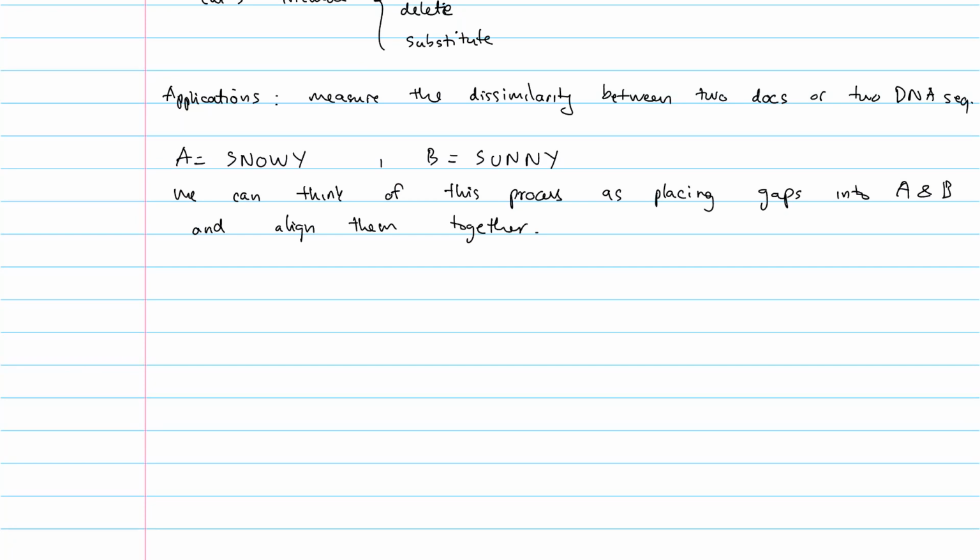For example, we can place a gap at the beginning of A, and place another gap between the letter W and the letter Y. And in B, we might place two gaps between the two letters N. Okay.